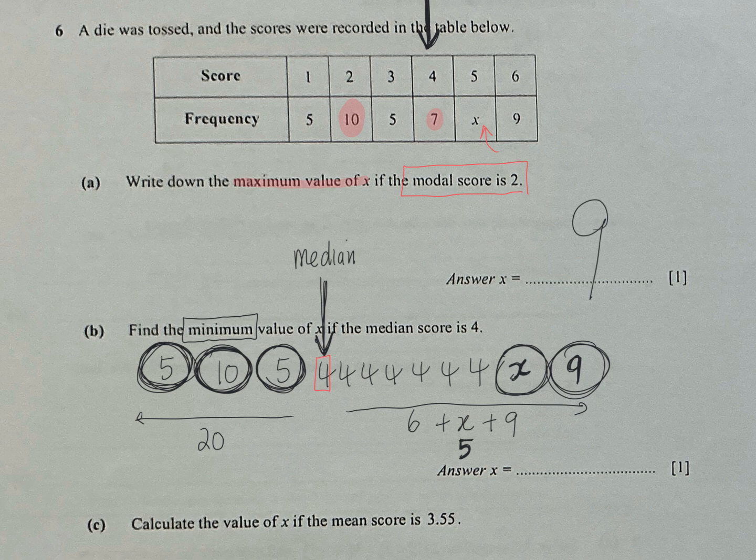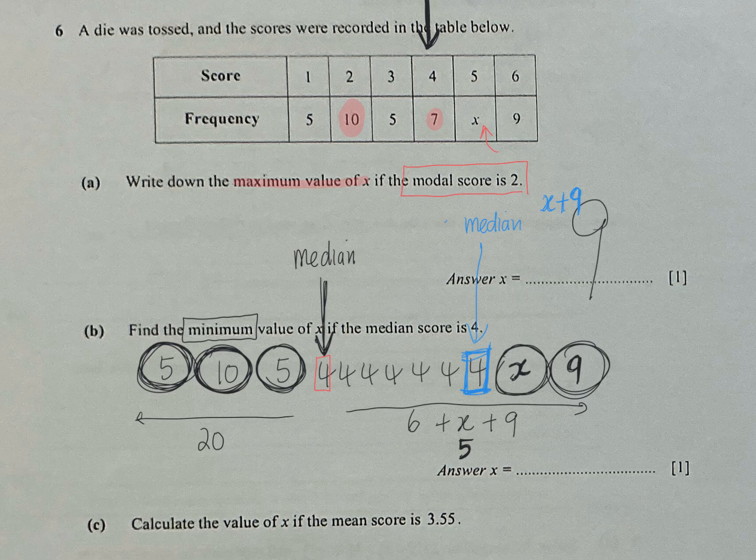There's another possibility, if I choose my median to be the rightmost data. Okay? Then on my right, I have x plus 9 numbers.